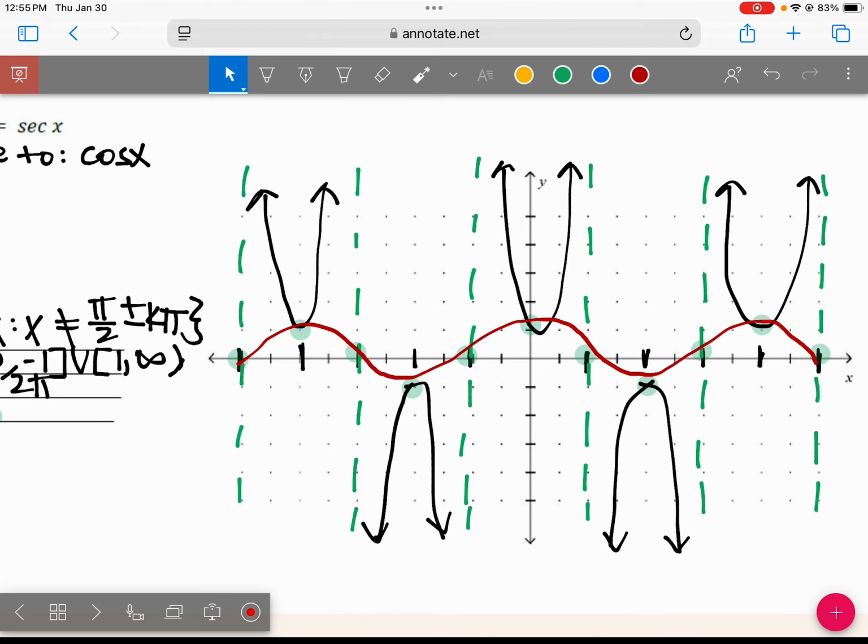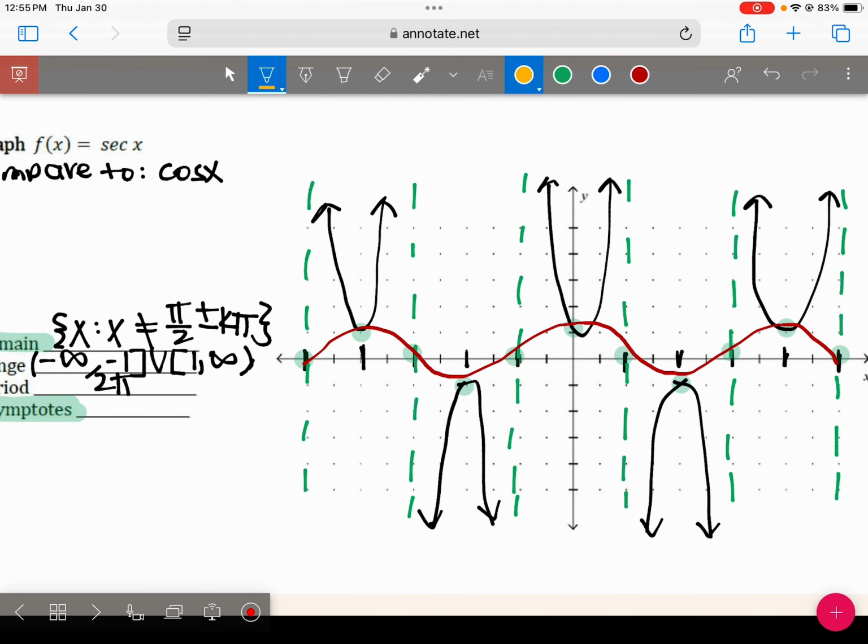Every single time that we have one of these problems, you're going to include everything that's in yellow. We gotta remember that whole domain. The only thing that's going to change is the first dotted line on the right side of the y-axis is going to be right here.